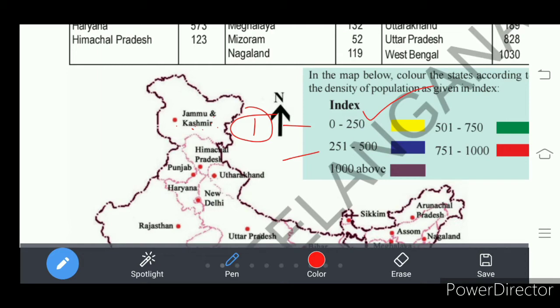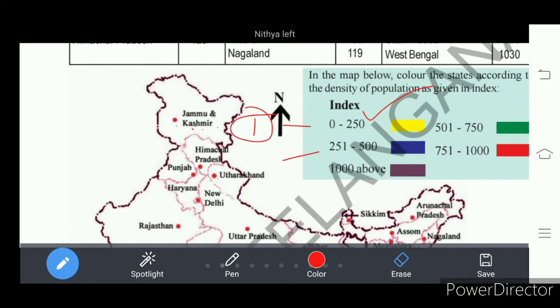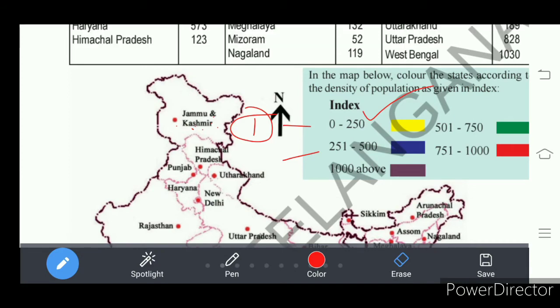So wherever we find the population density is below 250 persons per 1 square kilometer area, those are shown with a yellow color.